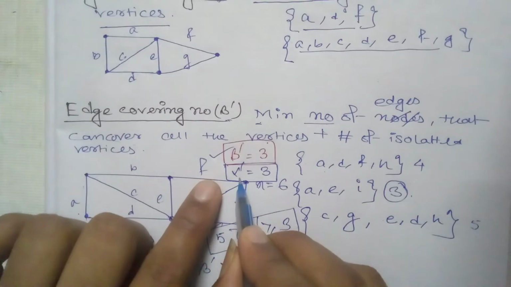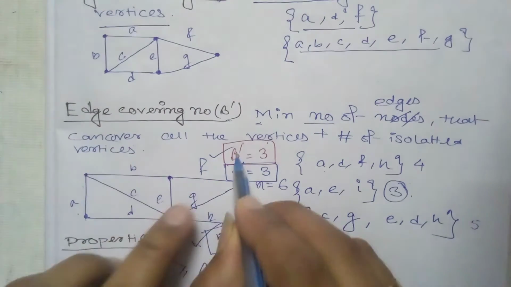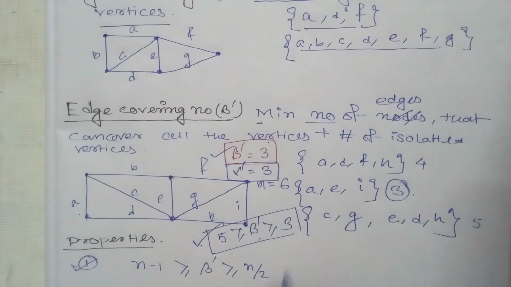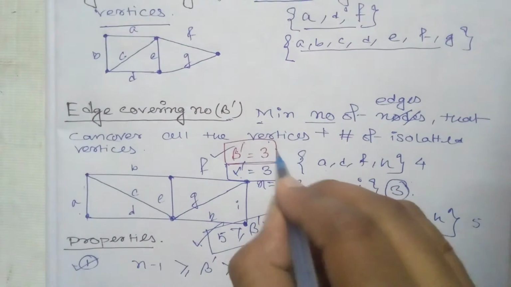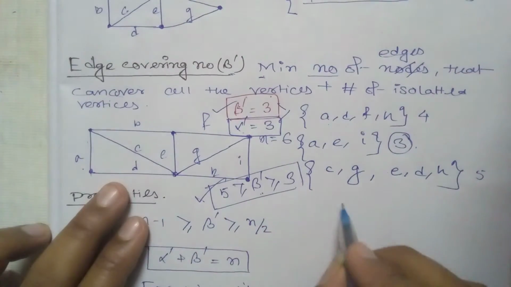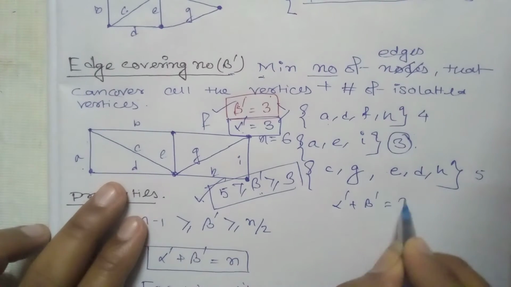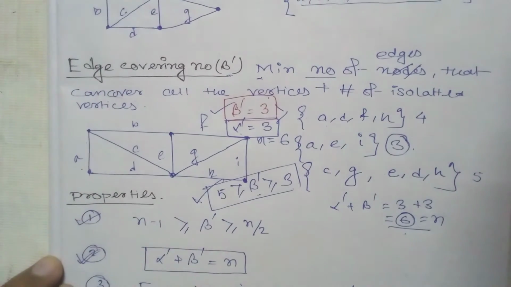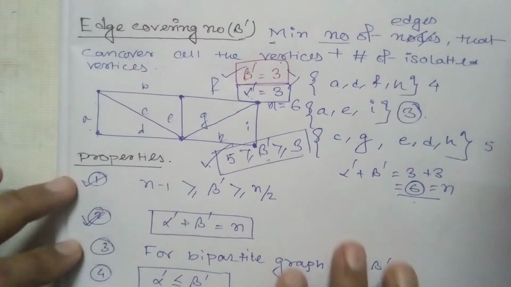This is our matching number, this is our edge covering number, and the summation of these two must give the number of vertices in the graph. So alpha dash plus beta dash equals 3 plus 3, which gives 6, and that is equal to n. So we can prove it with our example.